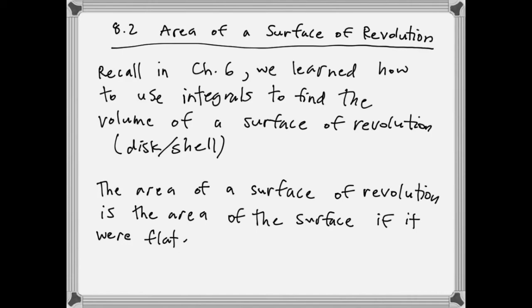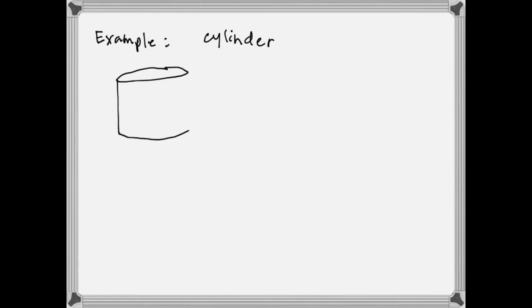Okay, so as an example, let's look at a cylinder. So a cylinder looks something like this. It's got a radius, and it's also got a height.